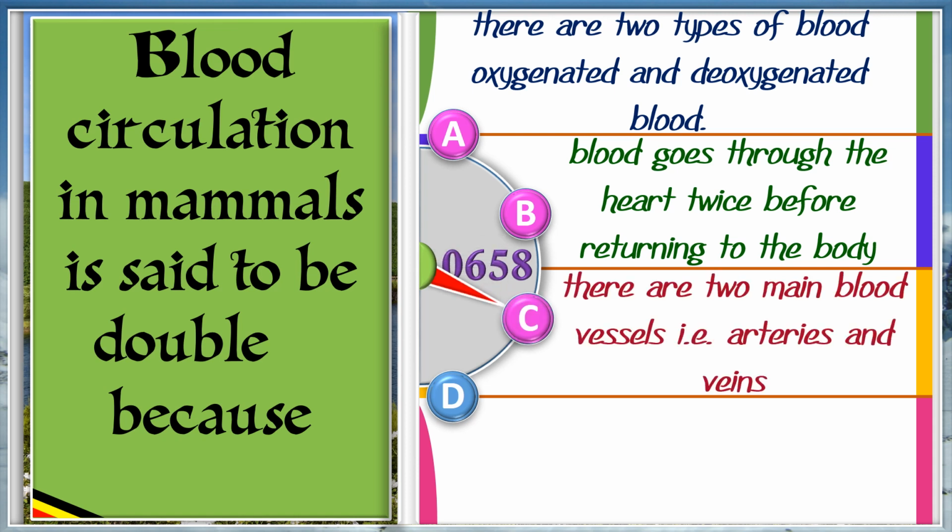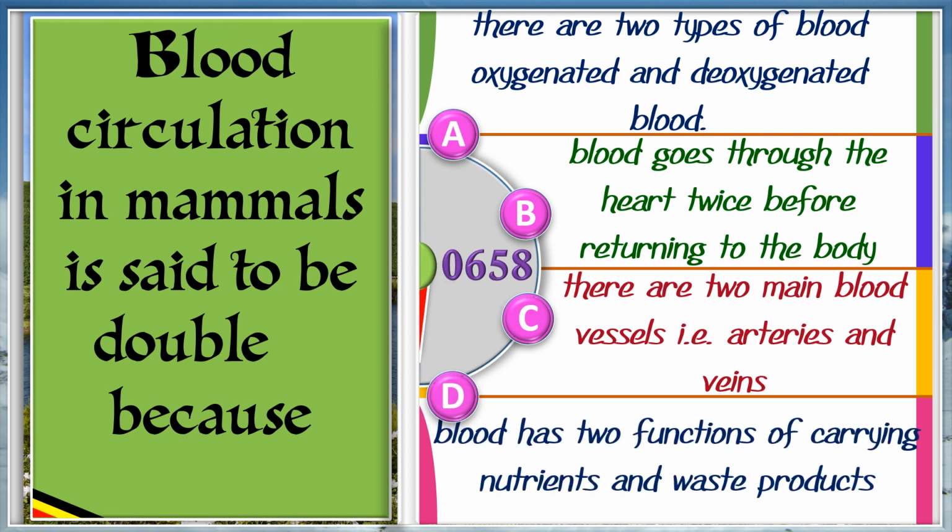C, there are 2 main blood vessels, that is, arteries and veins. D. Blood has two functions of carrying nutrients and waste products. And the answer is B. Blood goes through the heart twice before returning to the body.